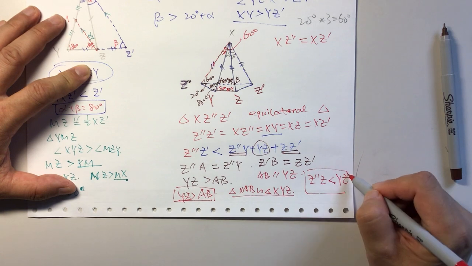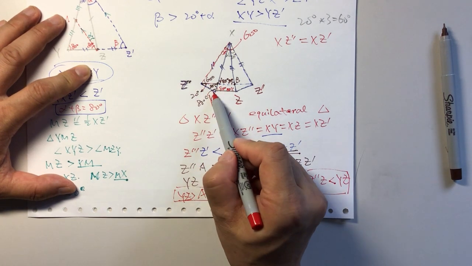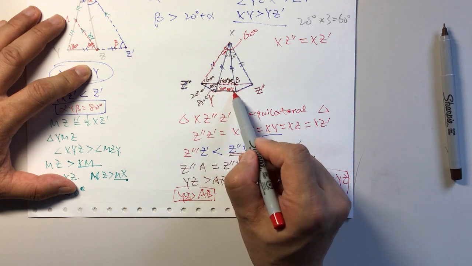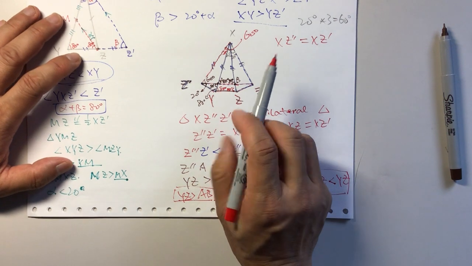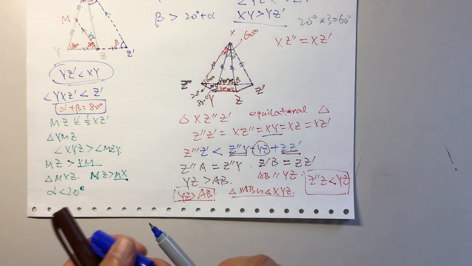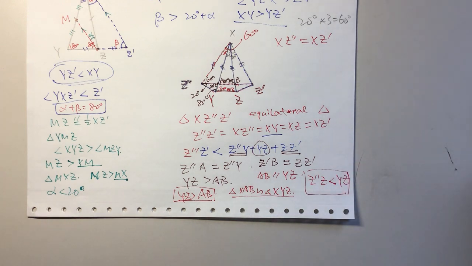That's what we need, because this part equals this part, this part equals this part, and this part AB is less than YZ. Okay, that's the whole proving process, and it's done, right? I hope you enjoy it.